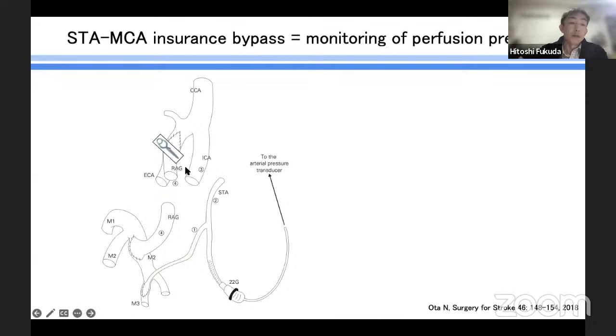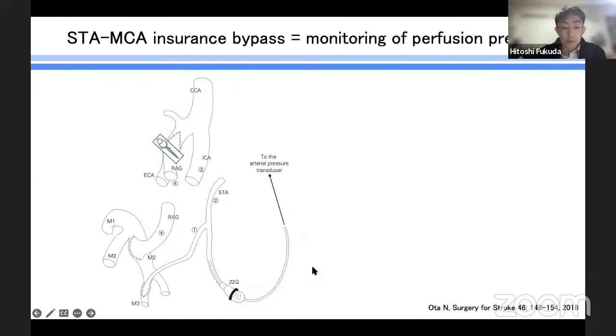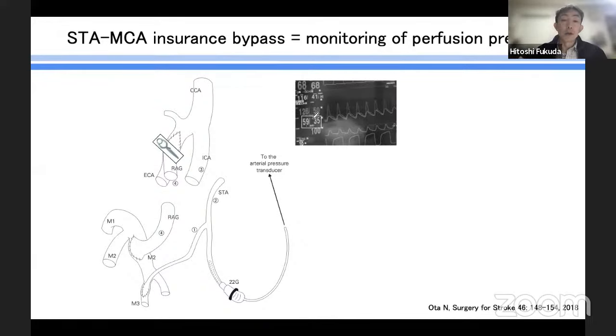When we complete the radial artery graft bypass, it is temporarily clipped, and then this parietal branch of the STA is cannulated to connect the arterial pressure transducer. So now we have two transducer pressures. One is for systemic blood pressure, and one is for STA pressure.